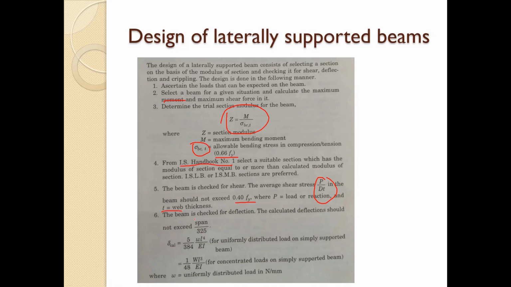Then the beam is checked for the deflection. We know the formula, that it should not exceed span divided by 325. For the calculation of the deflection, the formula we have is 5 divided by 384 WL raised to 4 divided by EI for UDL on a simply supported beam, and 1 by 48 into WL cube divided by EI for a concentrated load on a simply supported beam, where W is the UDL in Newton per mm.